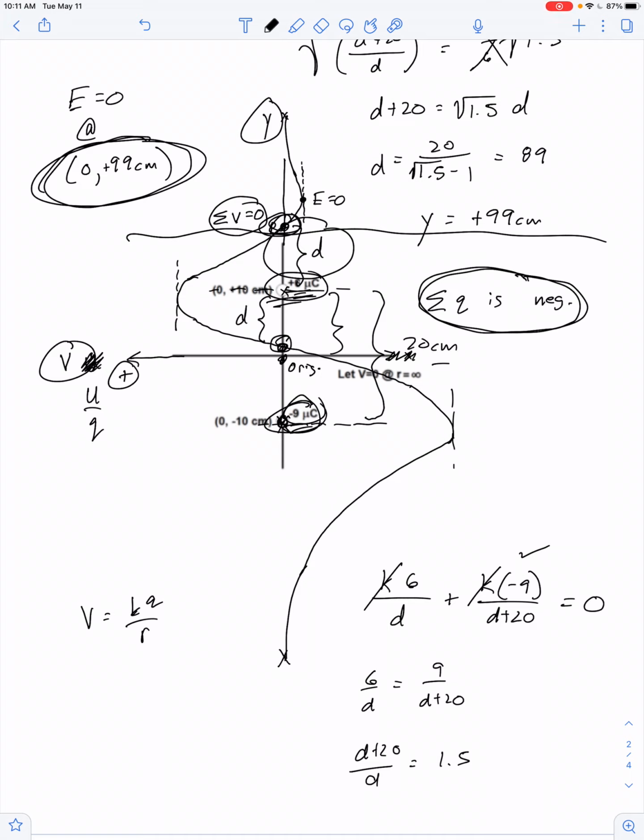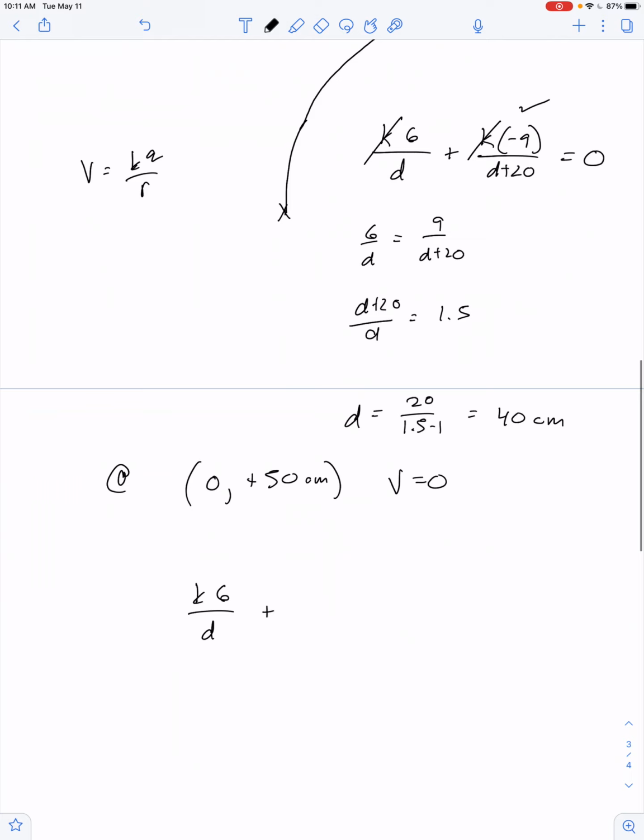So if I'm calling d the distance below the positive charge, then this distance right here would be 20 minus d. So plus k times negative 9 over 20 minus d.